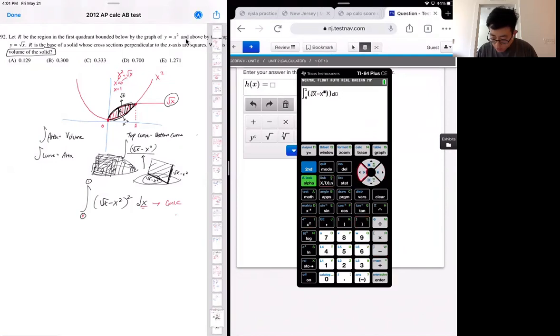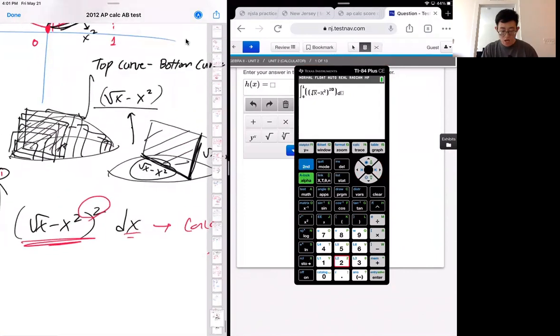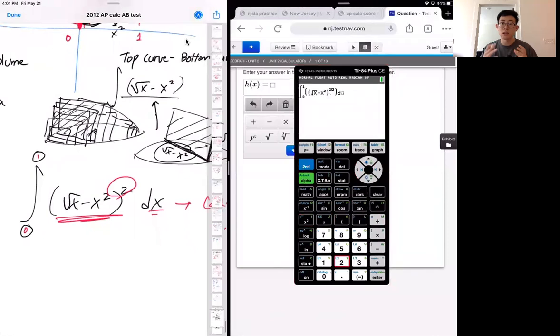But I think I forgot, I'm going to second delete and insert a parenthesis. Nope, that's not it. Parentheses. And you want to raise this whole thing to the power of 2, because it's this whole thing raised to the power of 2. Please don't forget that you have to put a lot of parentheses in for the calculator to not lose track of what you're trying to square.